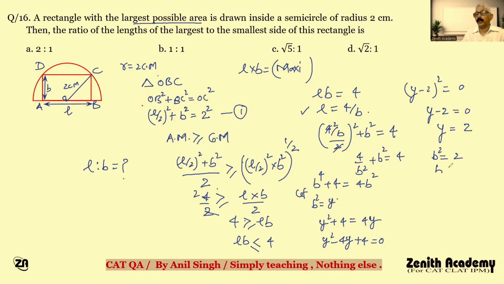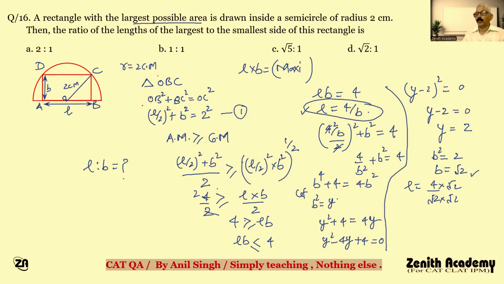So B is going to be root 2. If B is root 2, then L will be 4 upon B. Yeah, it is 4 upon root 2, and root 2 with root 2 gives us 4.